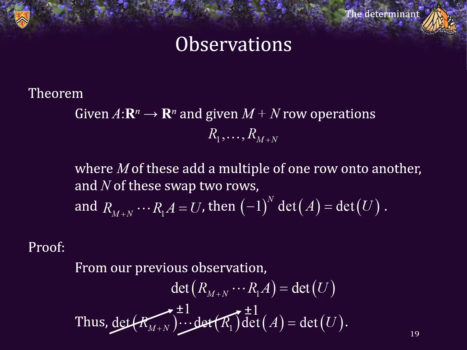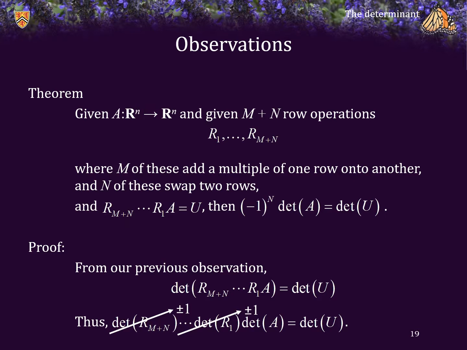Now, m of these row operations have determinant 1 because adding a multiple of one row onto another has determinant 1. N of these row operations have determinant -1 because they are swapping two rows, and that has the effect of making a reflection which flips the orientation.